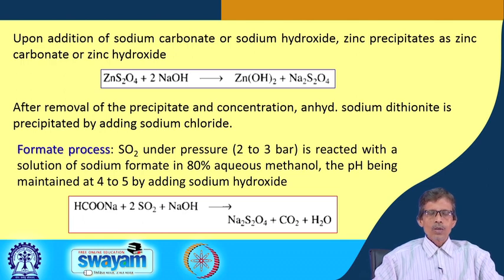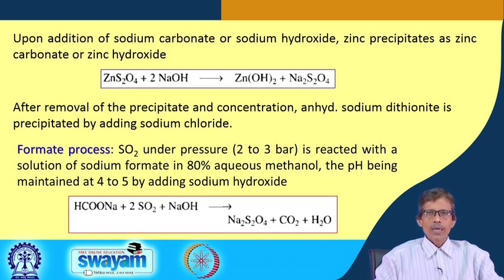So, the yield of this reaction is higher and we can manipulate this reaction quite nicely, because in the previous case where we used zinc, we had the problem of getting the zinc as another salt, as zinc hydroxide or zinc carbonate. We have to remove that zinc carbonate or zinc hydroxide from the reaction medium. Then we get the neat sodium dithionite in our hand.